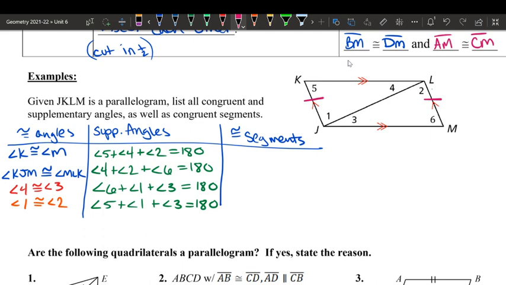Segment KJ is congruent to segment LM. And I also know that the top and the bottom are congruent. So segment KL is congruent to segment JM.